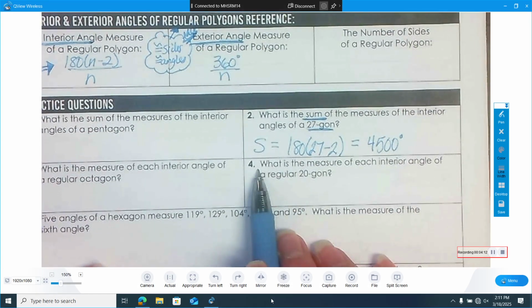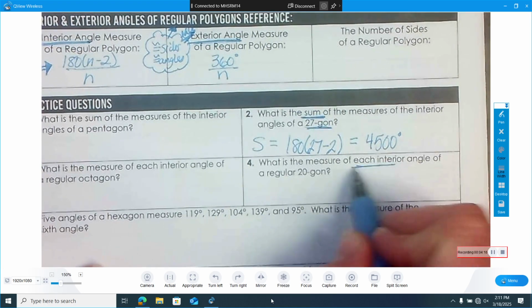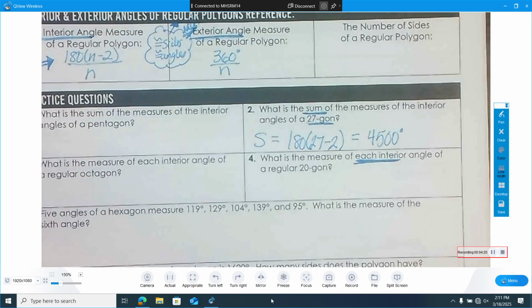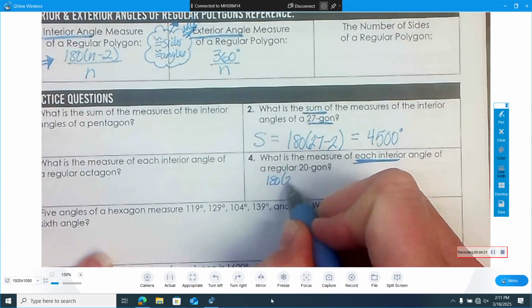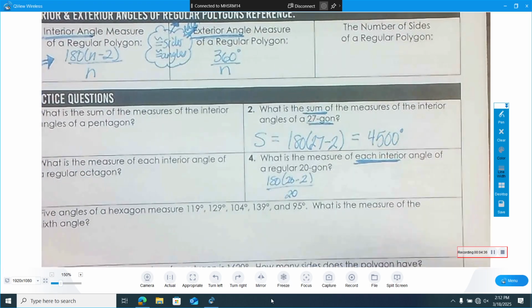Number 4. What is the measure of each interior angle? Each interior angle of a regular 20-gon. What do we have to do? Yes, 180 times 20 minus 2 divided by the number of sides. So 180 times 20 minus 2 over 20.